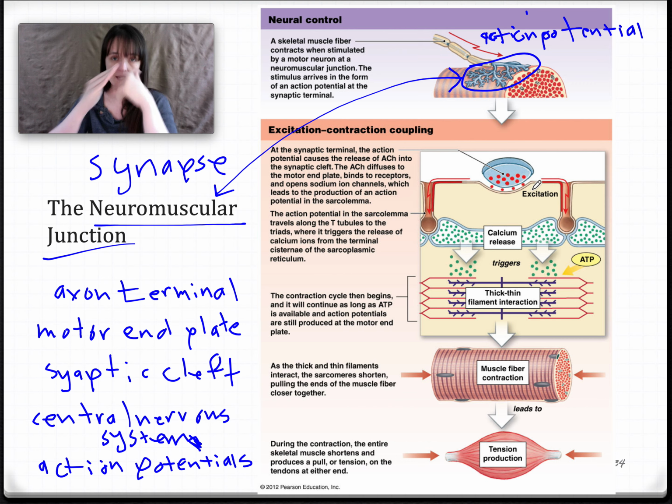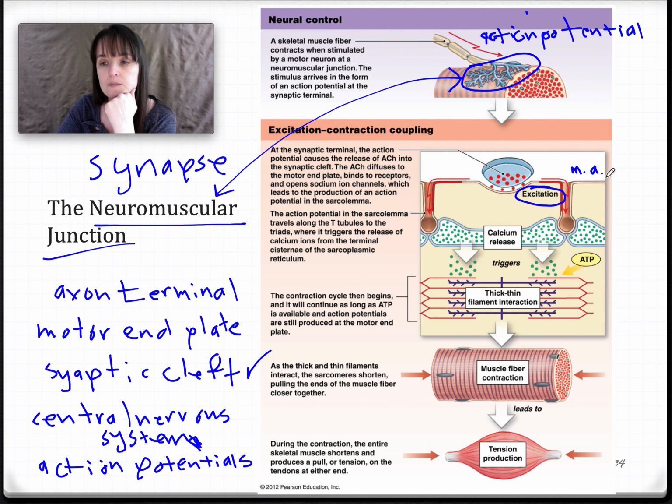There's a gap between them, and that gap is called the synaptic cleft. They send chemicals across the synaptic cleft that bind to chemically gated ion channels. And that will start the muscle action potential, as shown by this red lightning bolt.